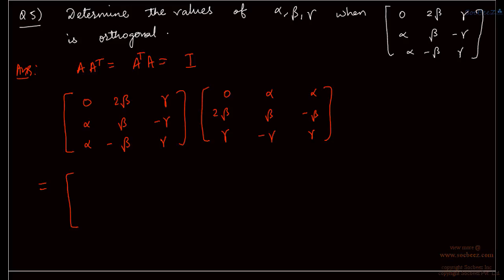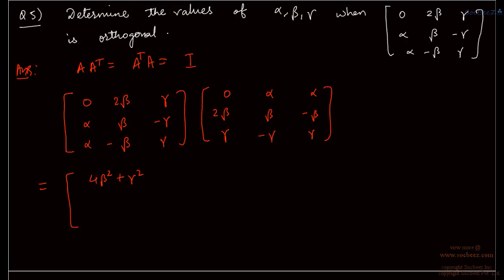Okay. This is 0, 2 beta square, 2 into 2 beta, that's 4 beta square plus gamma square. The next term is 2 alpha beta, minus 2 beta square plus gamma square. Okay.